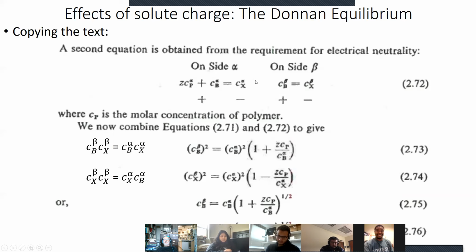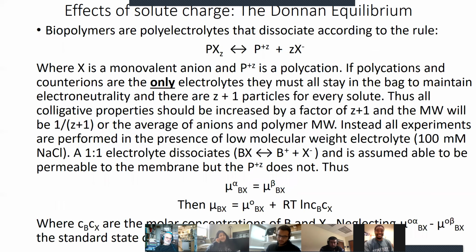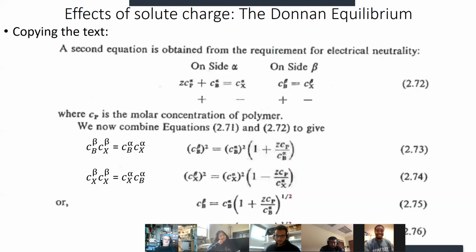And that must be equal to the concentration of anion inside the bag. So the anion concentration has to match the sum of the salt and the protein. This reflects the fact that there's a fraction of the anion that neutralizes the protein charge, as reflected in this equation at the top of this slide.